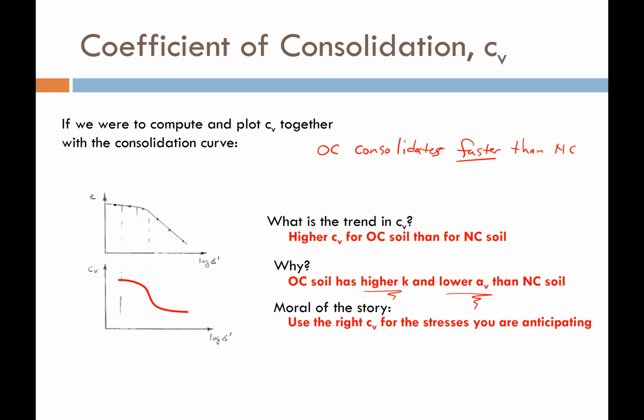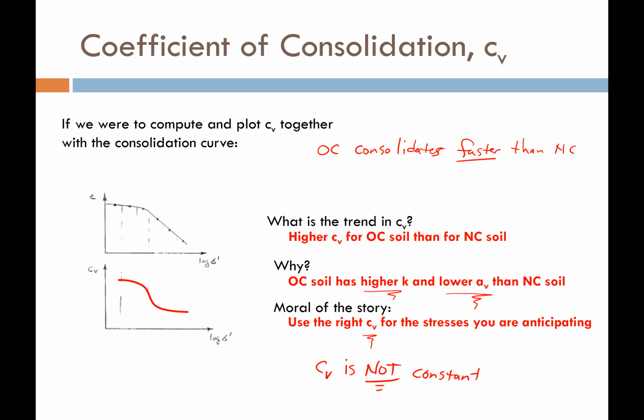The other moral of the story that I want you to take home from this little learning exercise is that you can't assume that C sub v is constant. C sub v is not constant for a given soil.